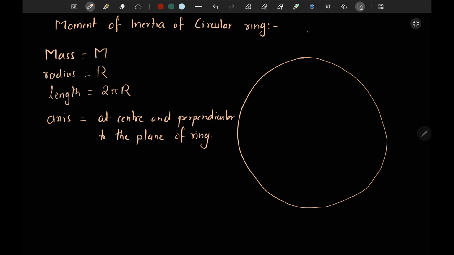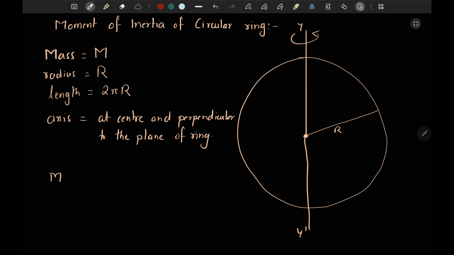So we have considered that the ring is rotating about an axis which is perpendicular to the plane of the ring and passing through the center. Y dash is the axis. This is the radius.